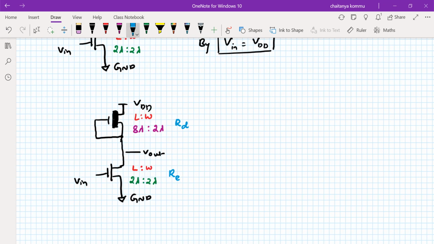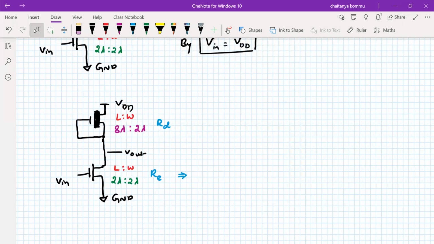The resistance of this particular transistor we talk about is the channel resistance only; we need to consider channel resistance. Okay. So what is its dimensions? The resistance is nothing but the length to width ratio multiplied with RS.